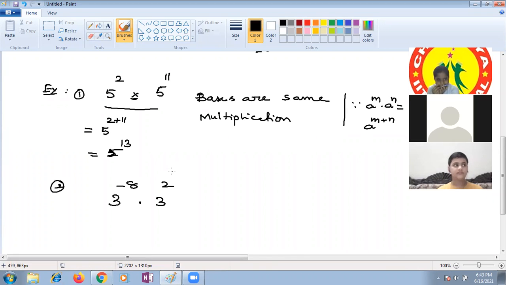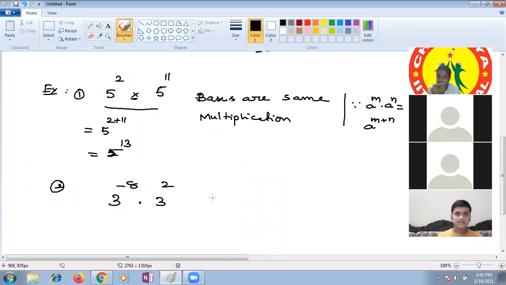Ahna, please, which property can we use here? Ma'am, multiplication, as we see the bases are the same and the powers are different, so we can add the powers. Very good.